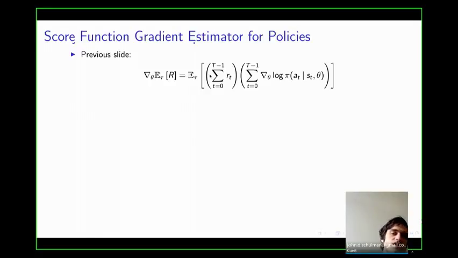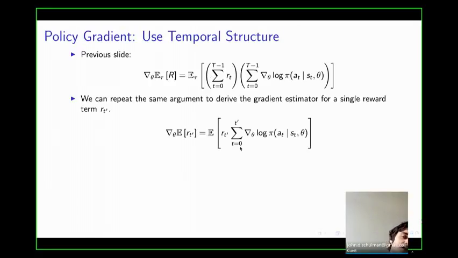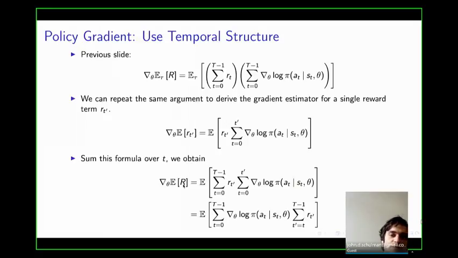So just doing the motions, we get that it's equal to r sub t prime times the sum of grad log probabilities of the preceding actions, because the subsequent actions aren't going to affect this reward at all. So we don't need to worry about them. Then we want to get the grad expectation of the sum of rewards, capital R. So we just sum this formula over t prime. Sorry, I said sum it over t. I meant sum it over t prime.